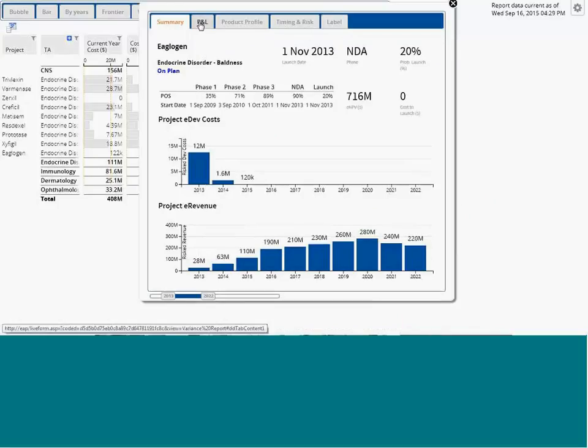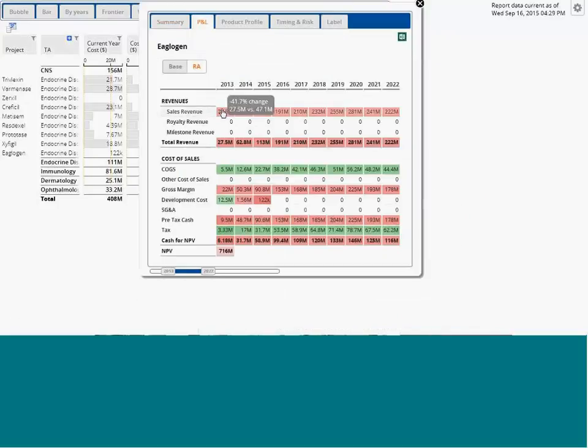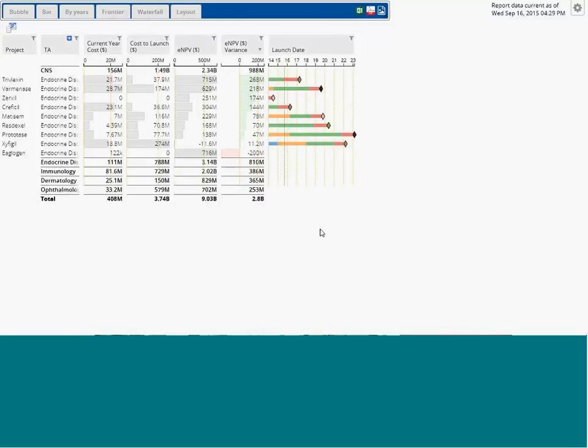So we can begin to understand in the context of each of the projects in our portfolio, where is the variance coming from and what's changed over time. Again, trying to further that conversation. So that's how you drill down and look at the variance for any given project.